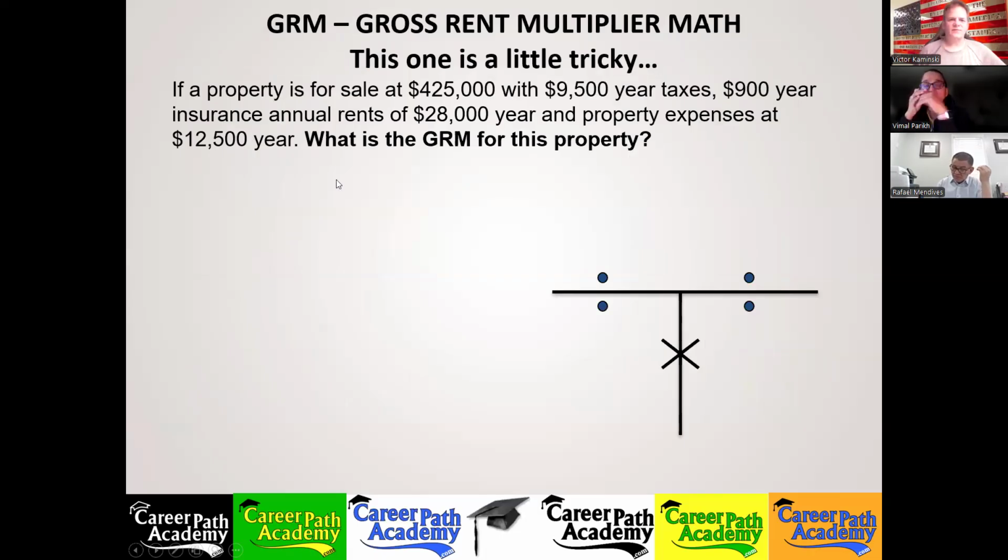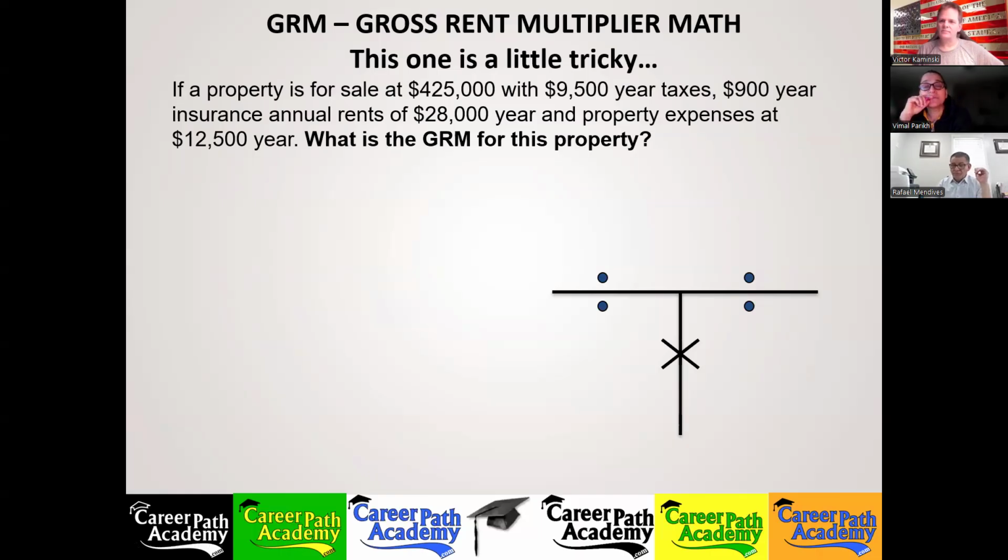Here's another problem. It says if a property is for sale for $425,000 with $9,500 a year in taxes, $900 a year insurance, annual rents of $28,000 a year, and property expenses of $12,500 a year, what's the GRM for this property? Before you start pounding numbers into your calculator, what numbers do you need to figure out the GRM?